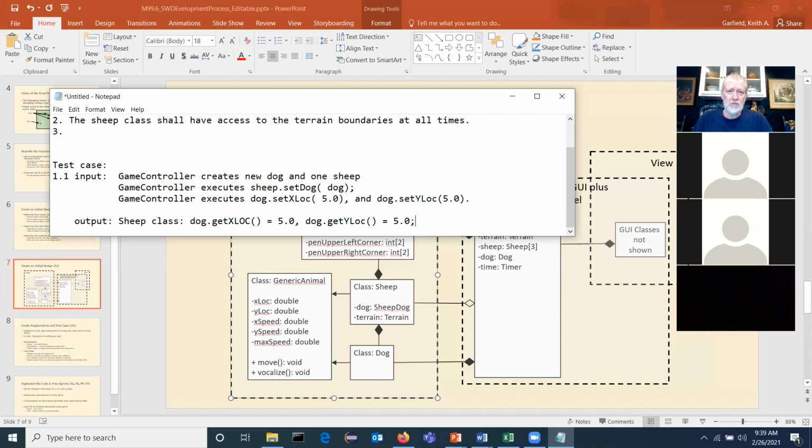Eclipse also, as I mentioned before, has something called JUnit testing, and you can set this up as a test. The bad news is you have to learn a little bit more to go through the JUnit testing. The good news is once you set this test up, whenever you change your code, you can automatically run all your tests again.